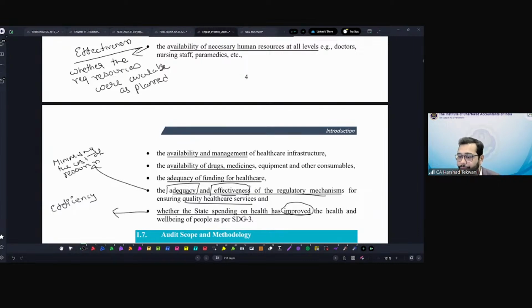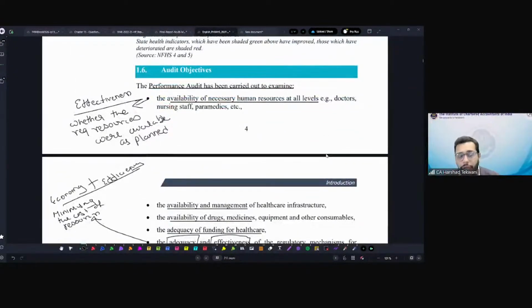In this case, I can say this is minimizing the cost of resources, that is economy, plus your efficiency, that is being checked there. So each and every objective in performance audit revolves around these 3 E's, that is economy, effectiveness, and efficiency.